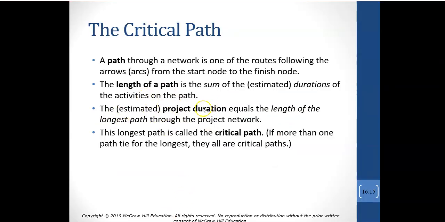The estimated project duration is equal to the length of the longest path. That longest path is called the critical path. You may sometimes hear it as the long pole in the tent. Which path takes the longest to complete? A good analogy would be, let's say I have a friend who just did the Ragnar race that's made up of teams, and they were trying to estimate how long it would take them to complete the race.